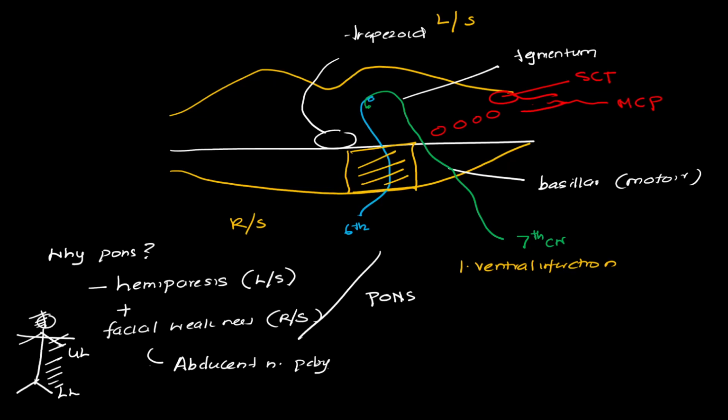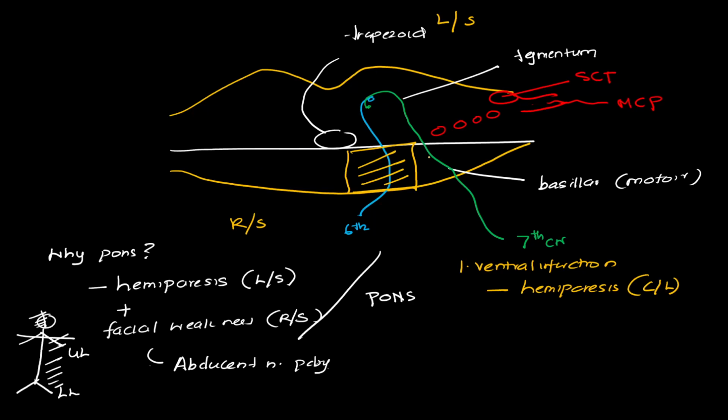So the corticospinal tracts are damaged, therefore there will be hemiparesis, not on the ipsilateral side but on the contralateral side. Are we clear? So hemiparesis, it could also be hemiplegia as well. It depends on the extension of the lesion. What else?